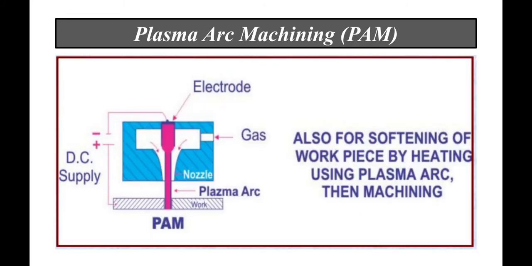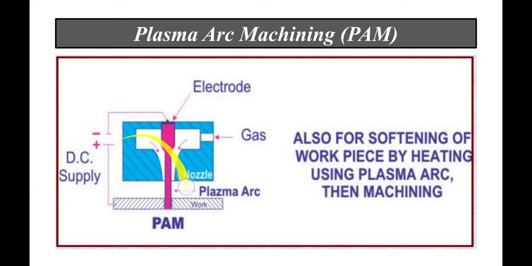Now there is another process, this is plasma arc machining. In this particular process you have a gas which is coming in, and it is connected to the electrode which is connected to the negative terminal, and here is the workpiece which is connected to the positive terminal of the DC supply, and very high potential is applied.